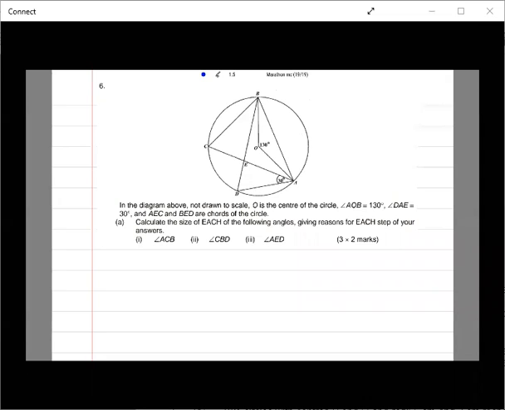All right, so the first one is angle ACB. This is angle ACB, this angle here.